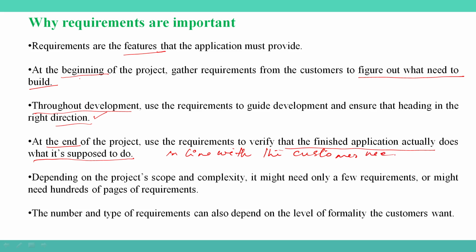So these things are to be verified. At the beginning, it gives you the direction of what to build. In progress, during development, it allows you to check whether it is going in the right direction. At the end, it gives a facility to verify whether you have done everything in line with the customer needs.